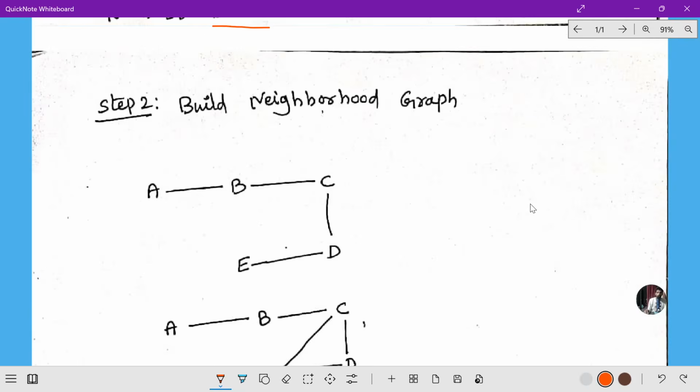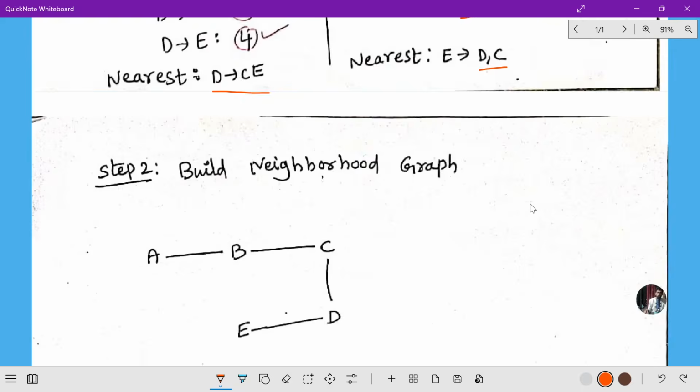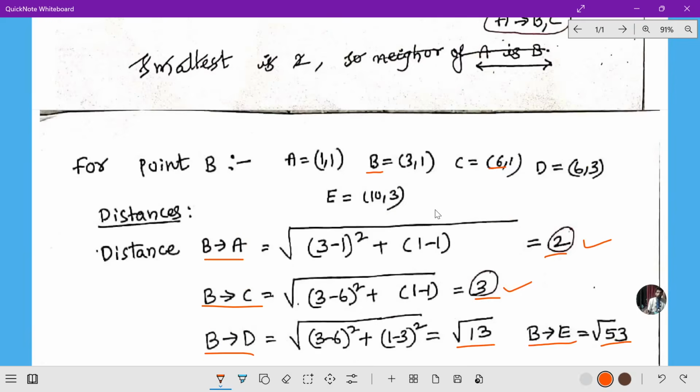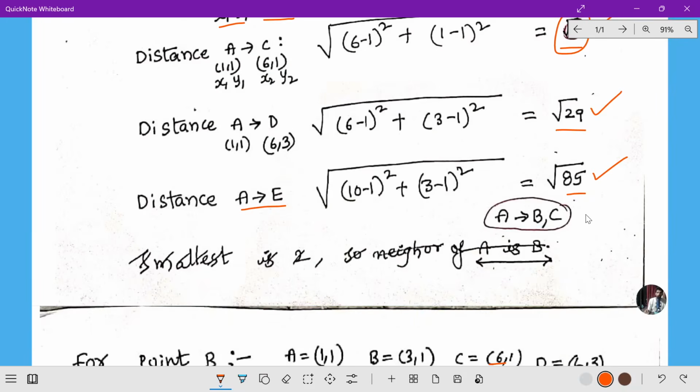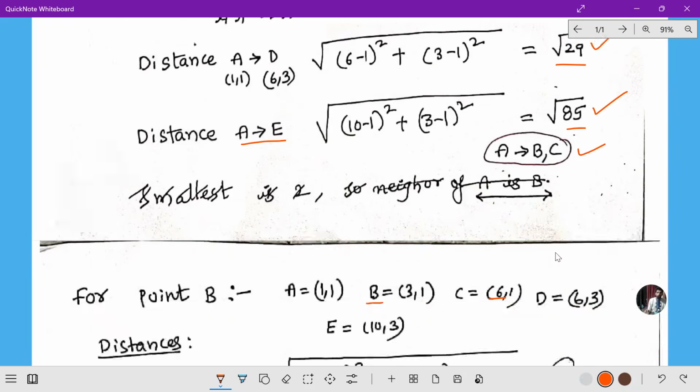Now we go for step 2. In step 2, we need to build a neighborhood graph. So how to draw this graph? You observe here how to draw this graph. The first one is A tends to BC.